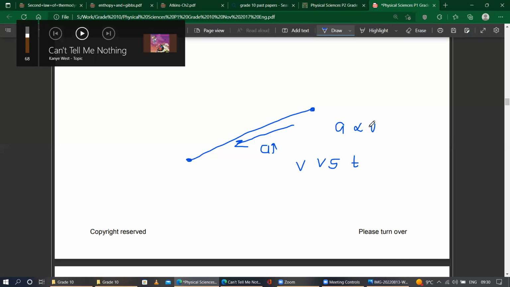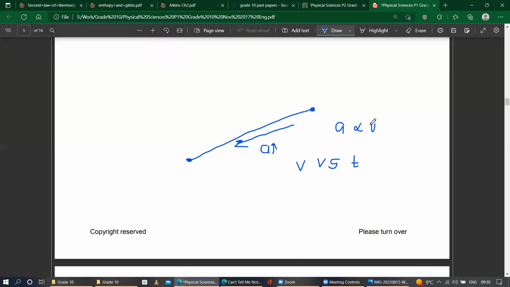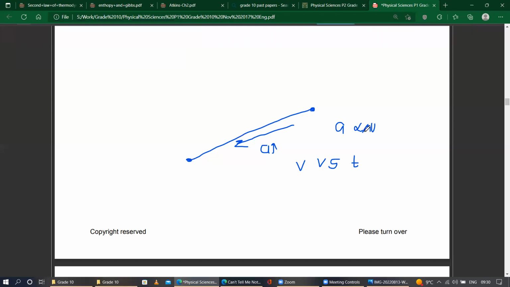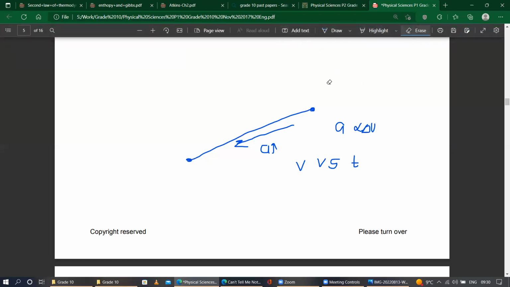Can you hear me? Yeah. Acceleration is directly proportional to the velocity. Let's just say the change in velocity, because as the change in velocity is greater, the acceleration is greater, right?